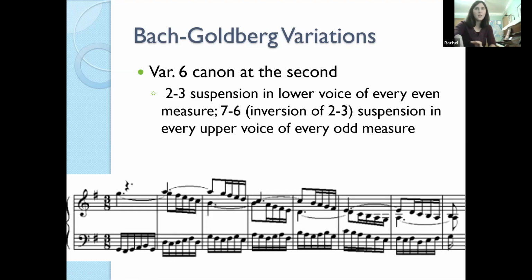Then we have a 7-6 suspension, which is an inversion of the 2-3 suspension. We see that in the upper voice of every odd measure. So he's alternating 2-3 suspension and 7-6 suspension, using that interval of the second to give us this kind of suspension feeling.